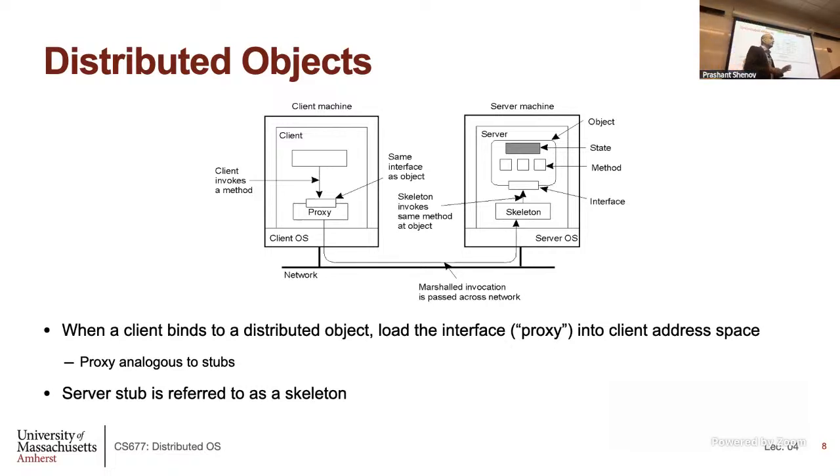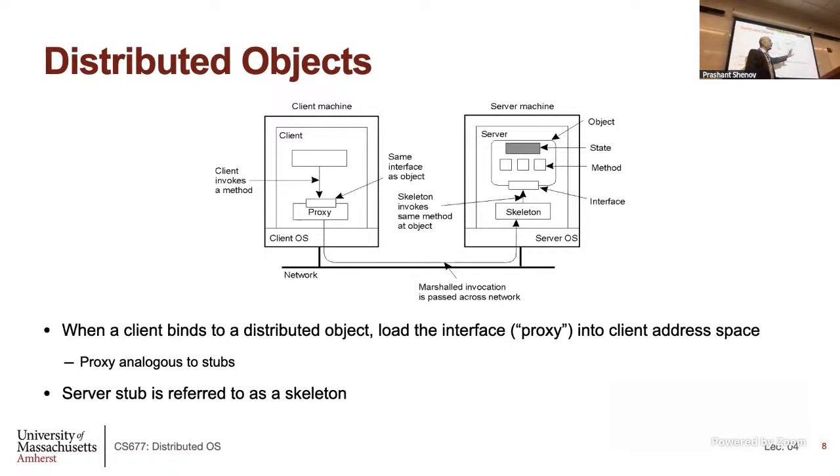Okay? And there is stub code on both the client machine and the server machine that's responsible for communicating between the client and the server. As a Java programmer, you will not write any such code. You will simply call methods on objects, and then the stub code is going to take care of sending a message over a network and so on. Okay? In the Java world, the stub code is referred to as a proxy on the client side.